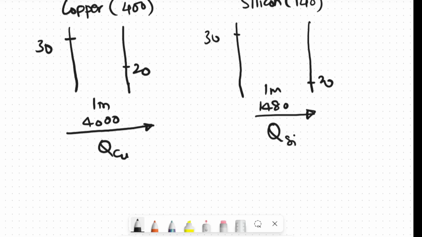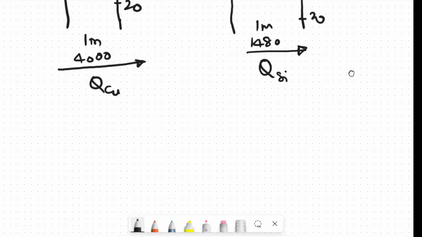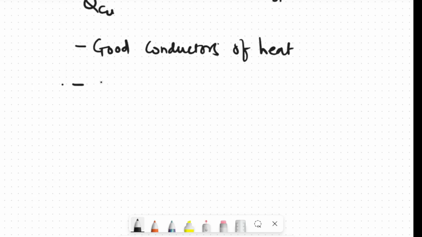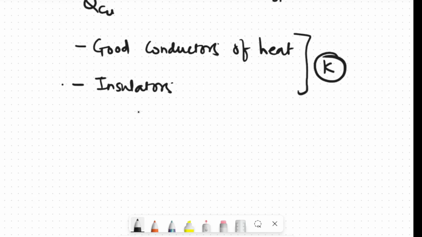Now understand, friends, let us go to the next very important thing. The materials are divided into good conductors of heat and insulators, depending on the value of conductivity, that is K. Let us take an example.